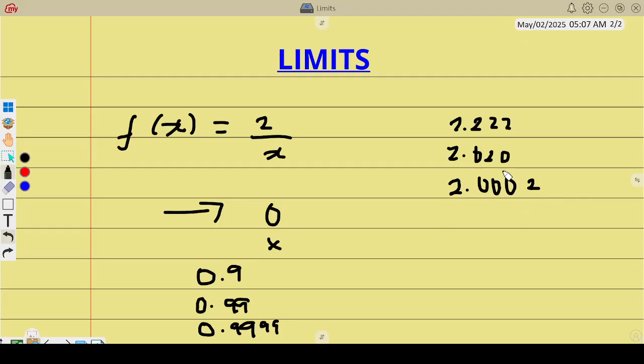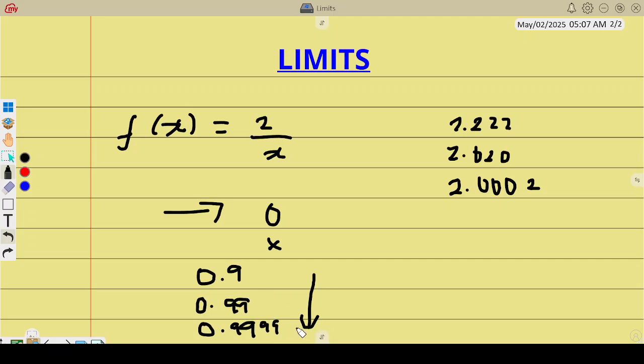Here the relationship is that you can see that when we're increasing the values of x, these values are becoming greater and greater: 0.9, 0.99, 0.9999.